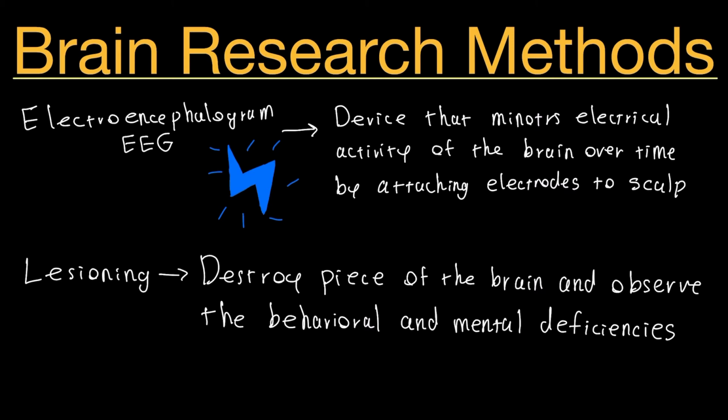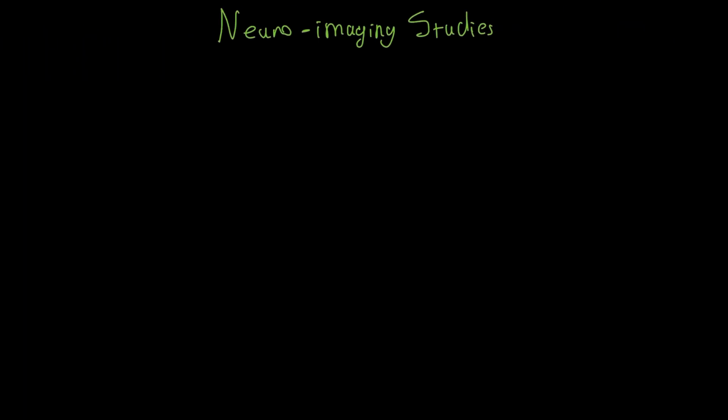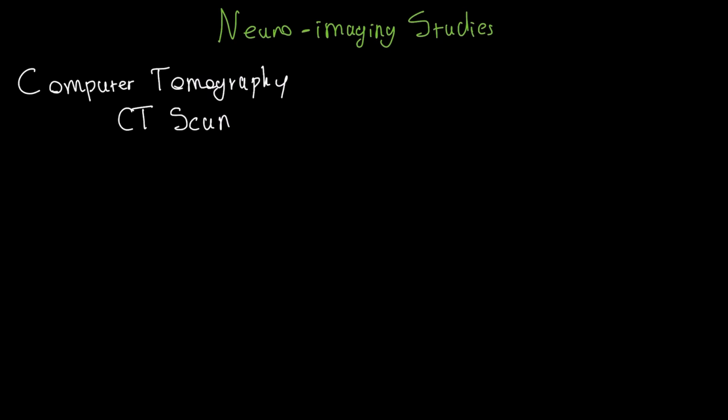Now, this is usually done on animals, and in the case of humans, it could be done where a person's brain part gets damaged, and then maybe we observe the deficiencies in a case study like that, or a person has a brain tumor and they have to have a certain part removed, and then maybe their behavior changes, so that tells us that the part that was removed as a result of the surgery had a specific function.